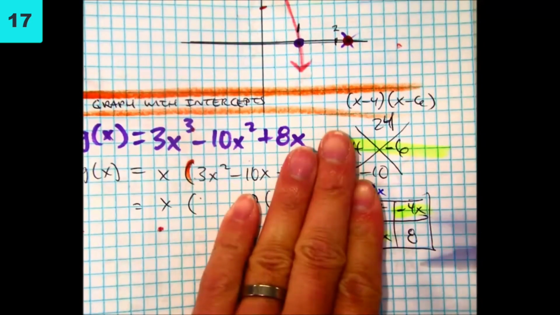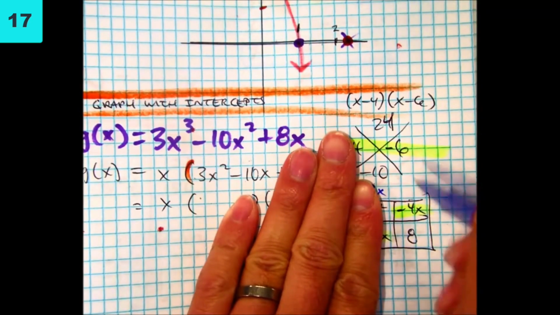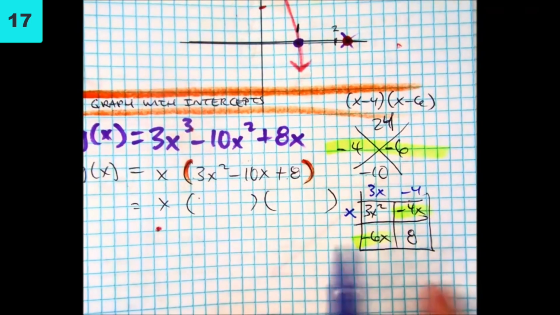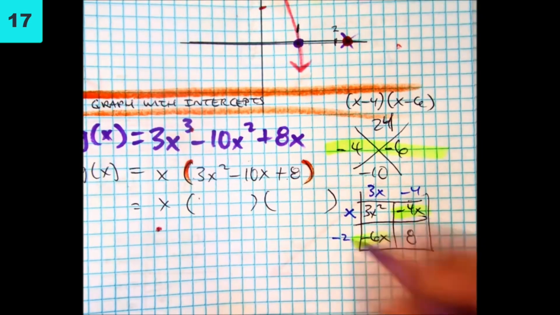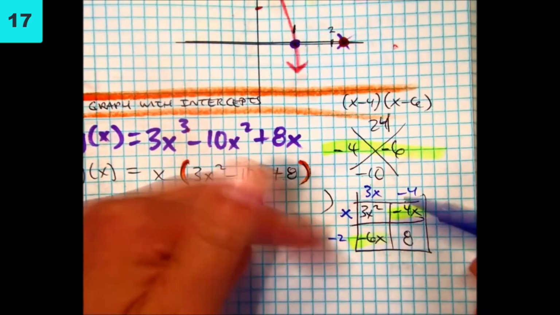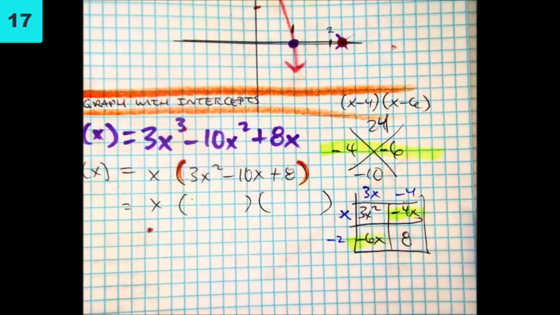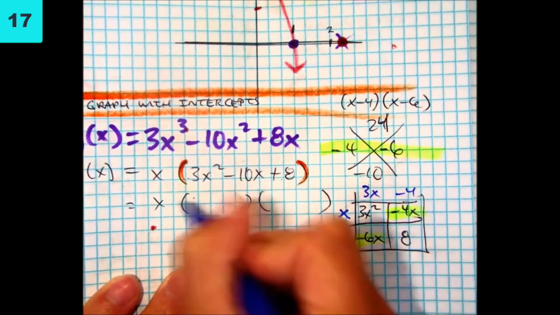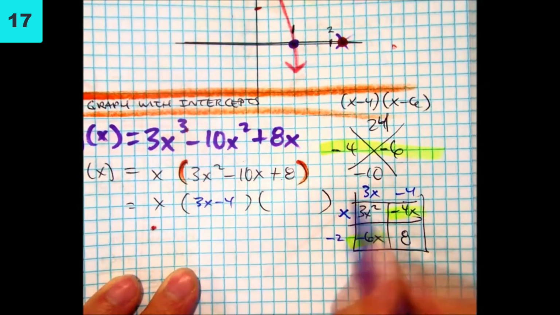How about this column? And the GCF of this one? It would have to be a -2. Here's the reason why. If you multiply these, they'll get what you have inside the boxes. Okay? So I would have gone 3x minus 4, x minus 2.